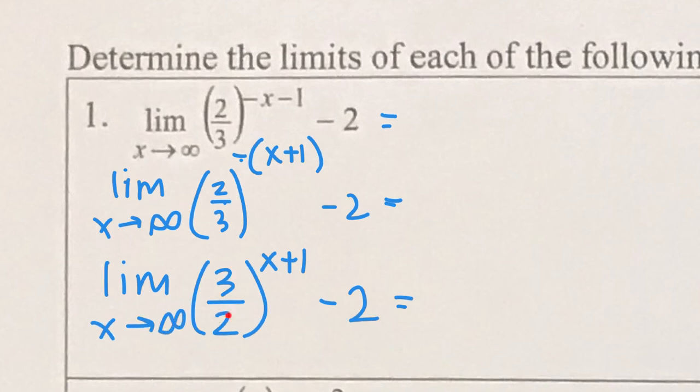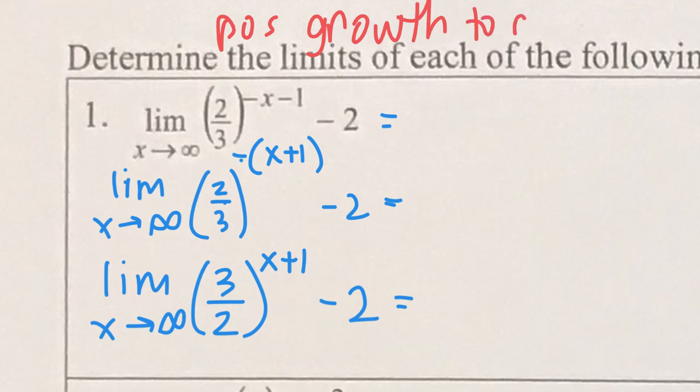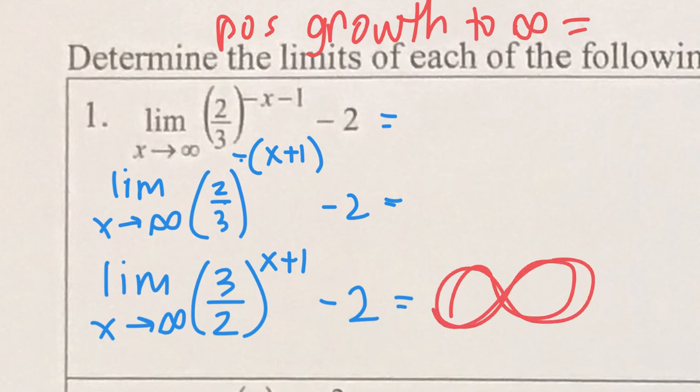So we have an exponential growth function that's going to infinity. A positive exponential growth function that's going to infinity. So it has to be infinity. So the limit will be infinity.